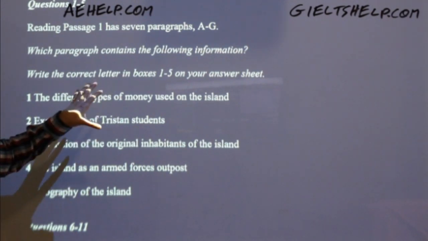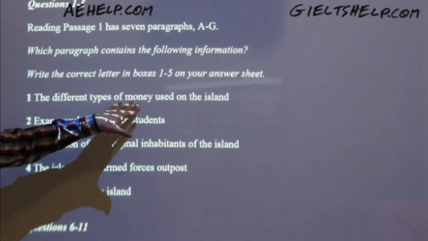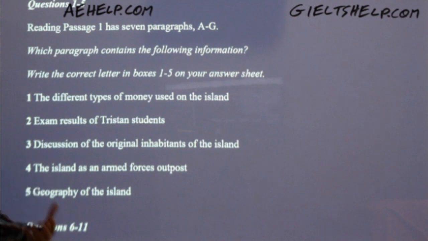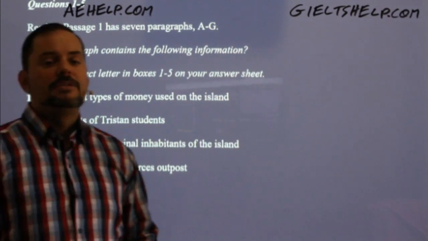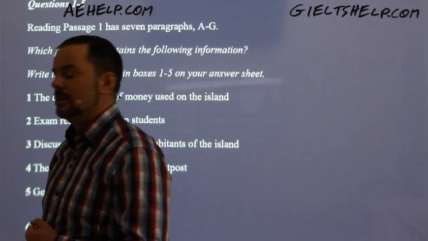The island is probably unique in some ways. There's something about money, something about exams, education, something about the original people, military. So obviously some of this passage might be the history of the island and the people who live there.